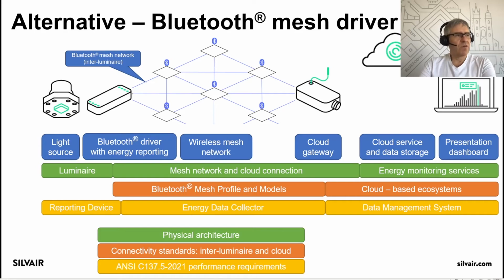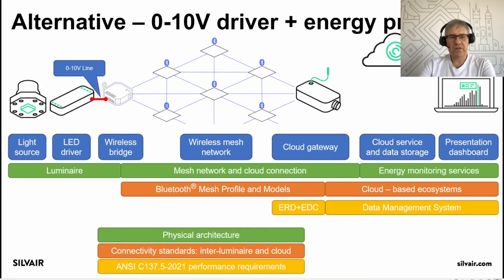Now, if you don't have or don't like a particular Bluetooth mesh driver, then there is yet another interesting alternative that will also work. Many of you are familiar with or have been using so-called analog dimmable drivers, which are controlled by a 0 to 10 volt line.